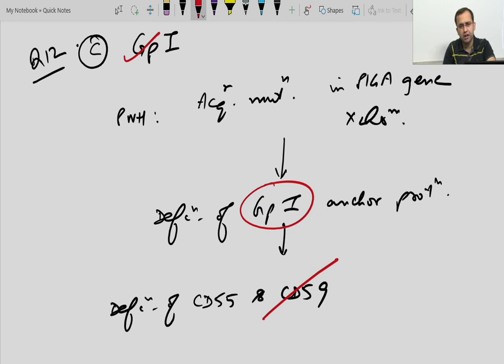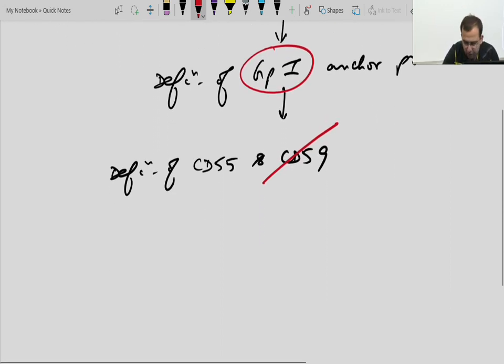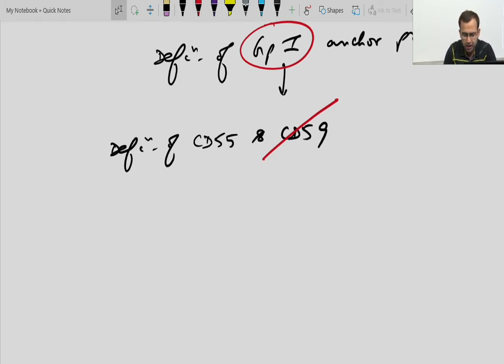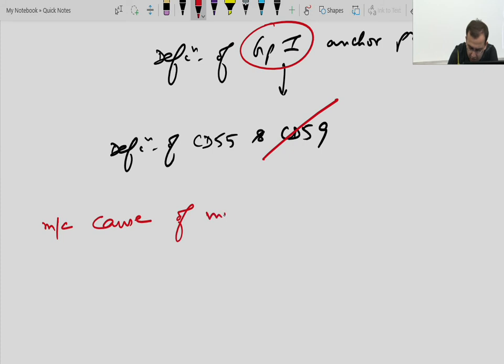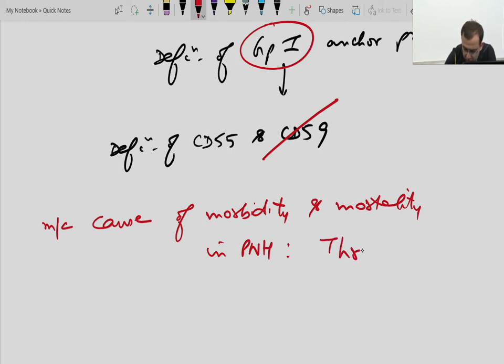That is PNH. Next point, before we go further, let us see one more point in PNH.